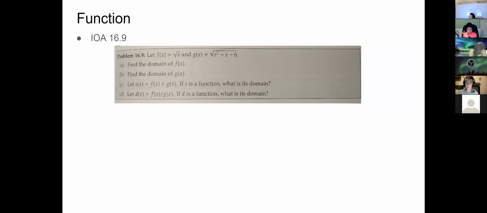Okay, so it's quite obvious for A, right? For f(x) to be a square root of x, x has to be greater than or equal to 0.